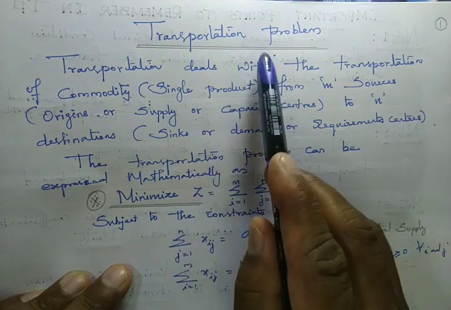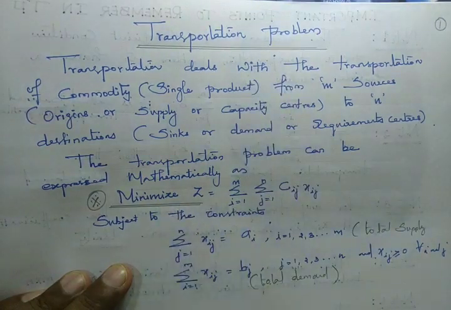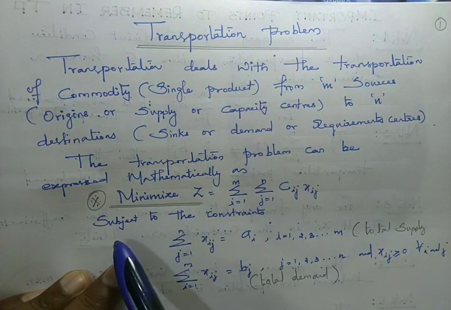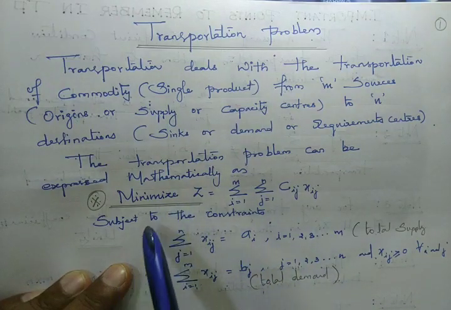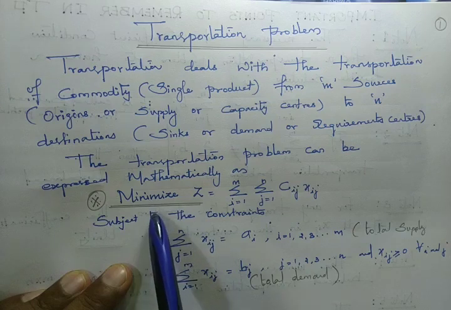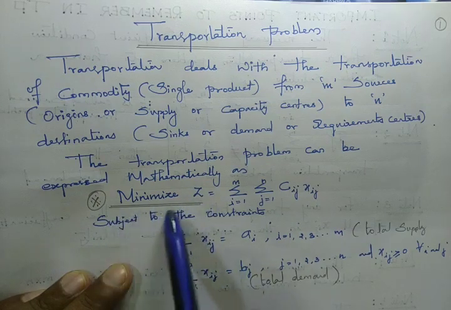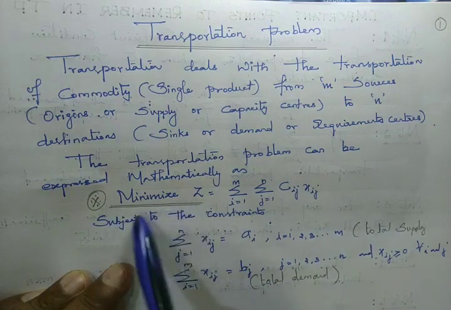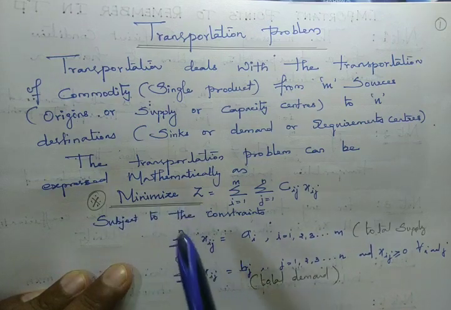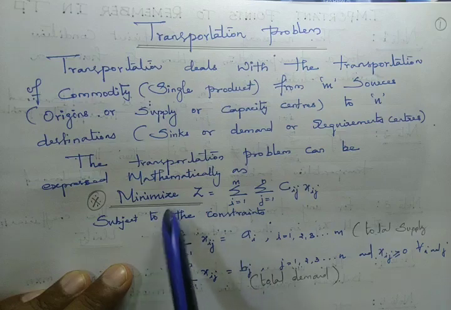The objective of the transportation problem is always minimize, because it is about expenses. Whenever the expenses are minimized, the company gets more benefit. That is the reason the objective is always minimize. Remember this important point. In all the pages I underlined the important points.